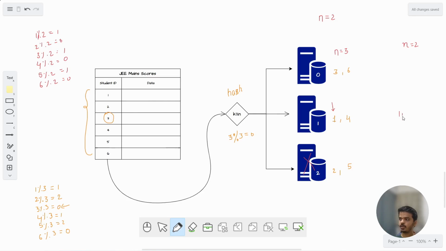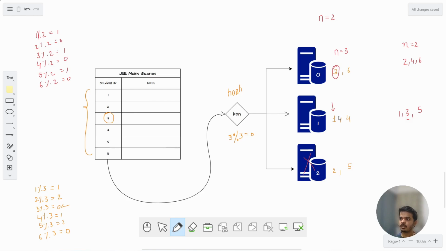The data of students 1, 3 and 5 goes here, and data of students 2, 4 and 6 will go here. Okay? So now what did you observe from this? Almost all the keys have to be moved to a new server, right? 3 was present on server number 0, but now it has moved to server number 1.